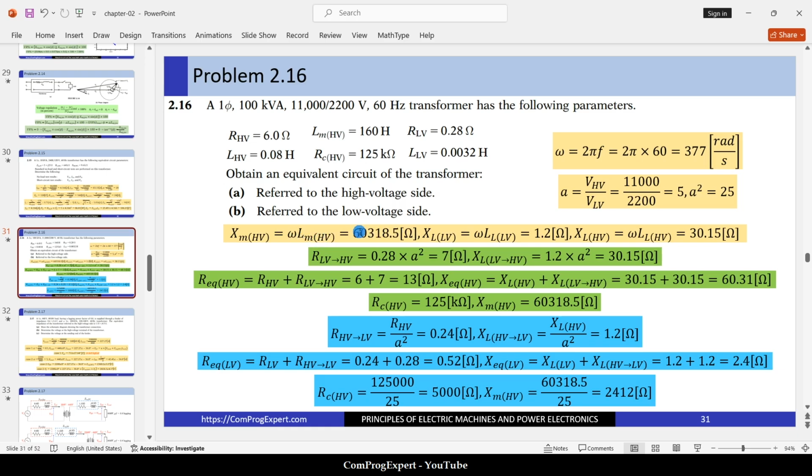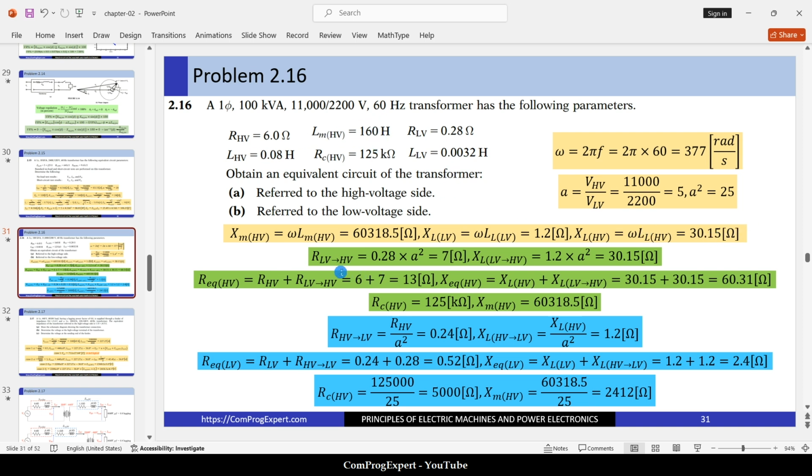That is equal to this number. You can do the math. The value of the leakage reactance for the low voltage side is 1.2, and the value of the leakage reactance for the high voltage side is 30.15 according to these numbers that we have here.